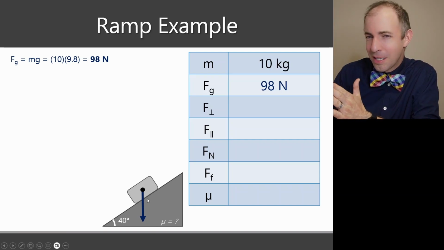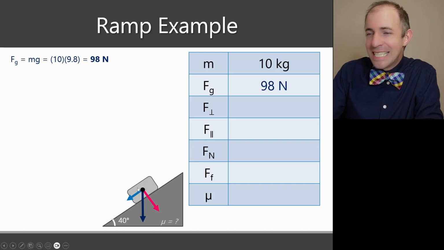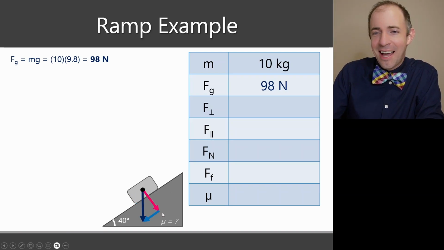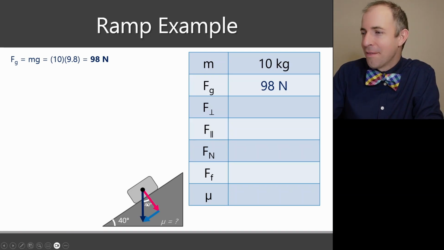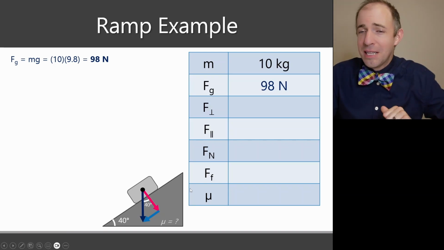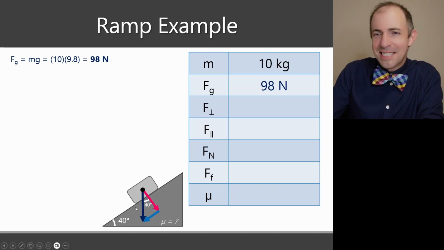But because it's going straight down, part of that is parallel and part is perpendicular. I can take that parallel and perpendicular and create a triangle by sliding that parallel force down. And the angle between the perpendicular and Fg is 40 degrees to match the angle of my ramp. Now, F perpendicular is the one that is attached to that angle.